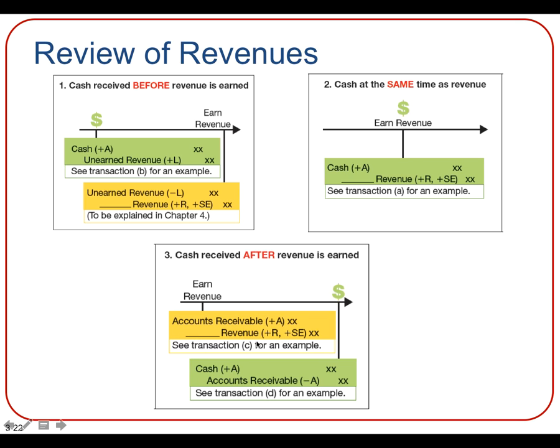And then you can also recognize your revenue because you already made the sale. You already provided the service. The earning process is finished. So you can record your revenue. But the cash, you can only record after you receive your cash. So now you have an increase in your cash, and a decrease in your accounts receivable because you no longer have the right. You already received the cash. Okay.